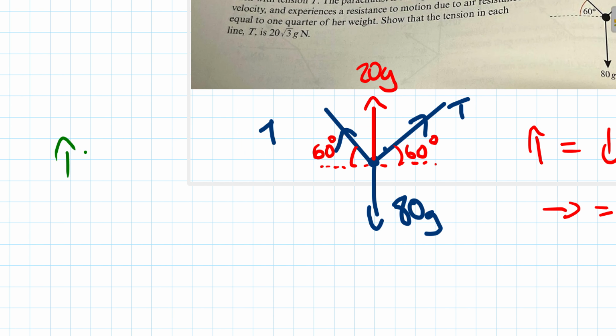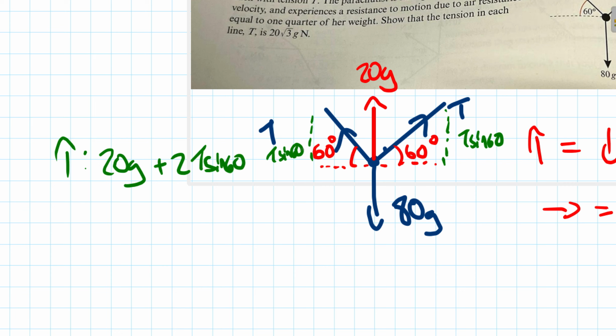We also have the upwards component of the tension, because that is acting upwards but also to the side. So here the upwards force is T sine 60, and here it's T sine 60 as well, as the tension is the hypotenuse. So it's plus 2T sine 60 as you add them together. And going down is going to equal 80G.